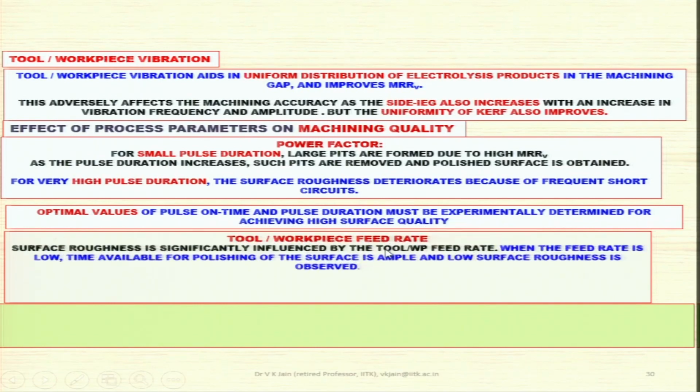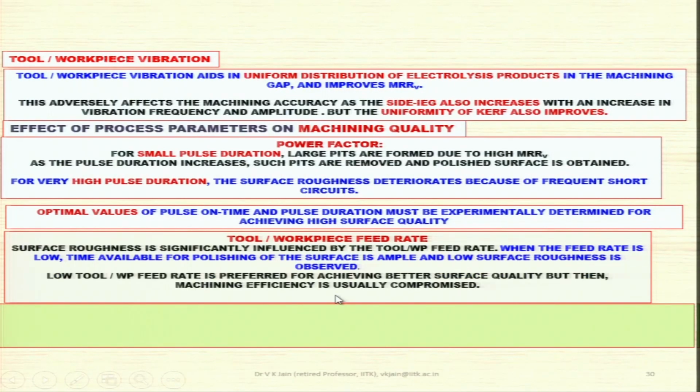Tool workpiece feed rate: surface roughness is significantly influenced by the tool or workpiece feed rate. When the feed rate is low, the time available for polishing of the surface is ample and low surface roughness is obtained. We are always interested, in most of the cases, not in all the cases, in low surface roughness value, that is known as fine surface, and a high surface roughness value is known as rough surface.